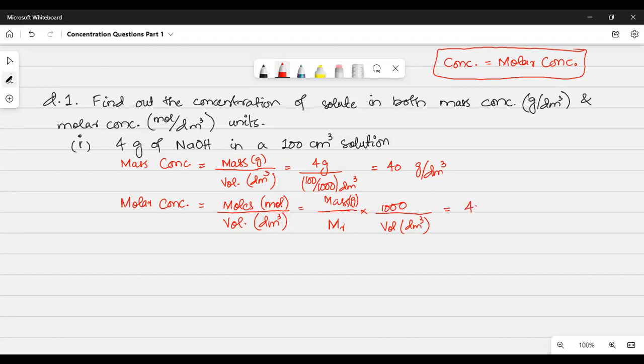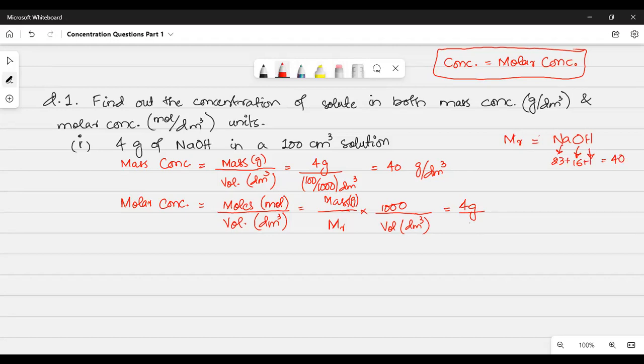So it's 40 grams. So my bad, it's not 40, it's actually 4. So 4 grams, and the MR of NaOH, since it's NaOH: Na is 23, O is 16, H is 1 in the periodic table, the total is going to be 40.